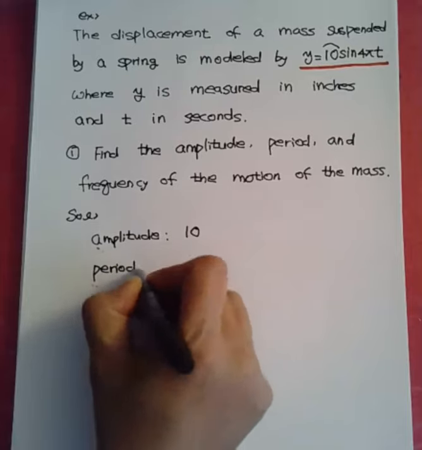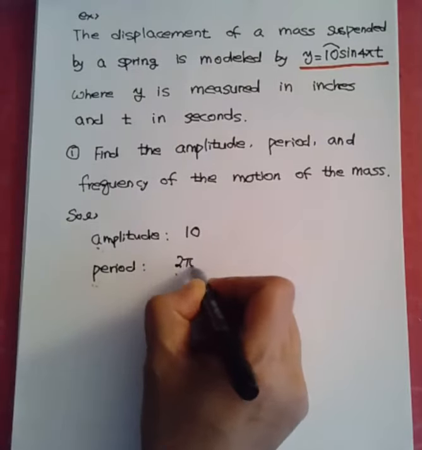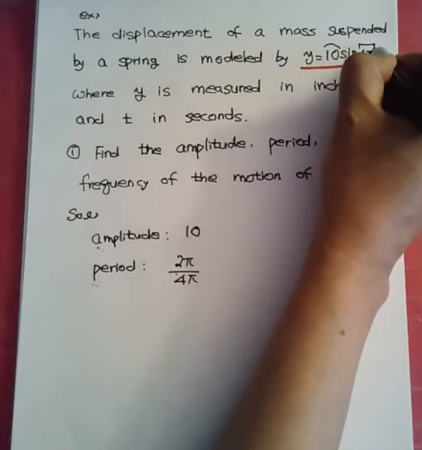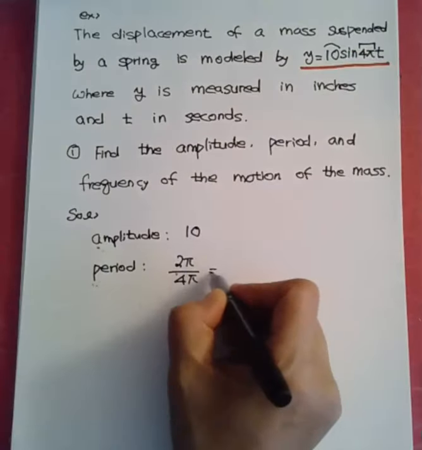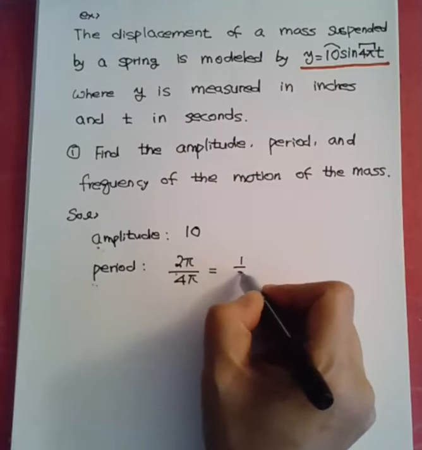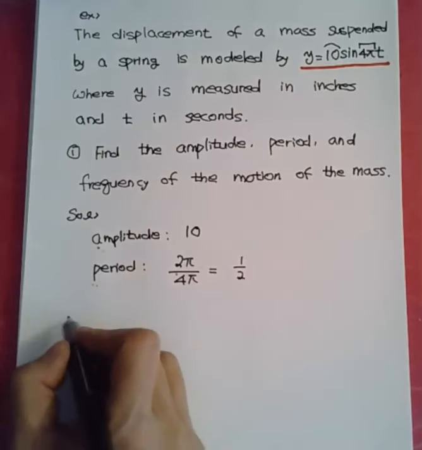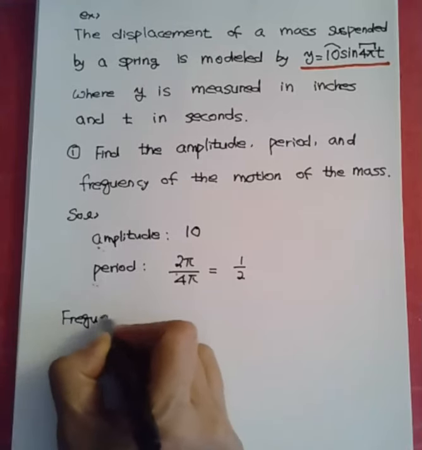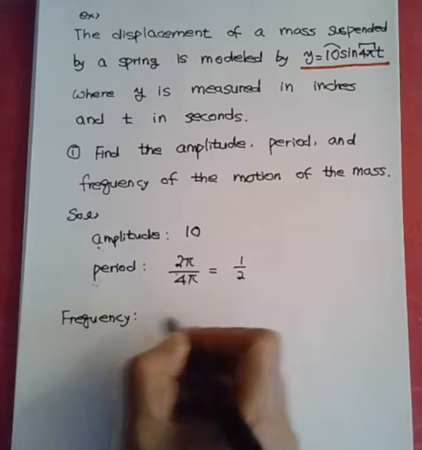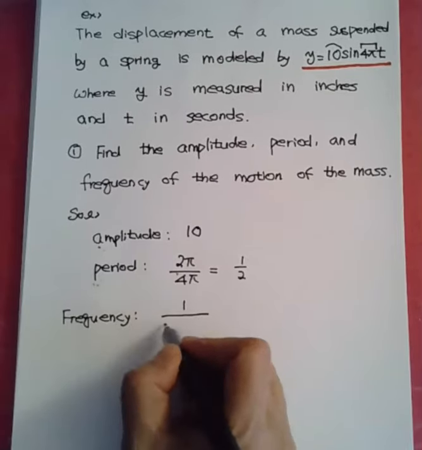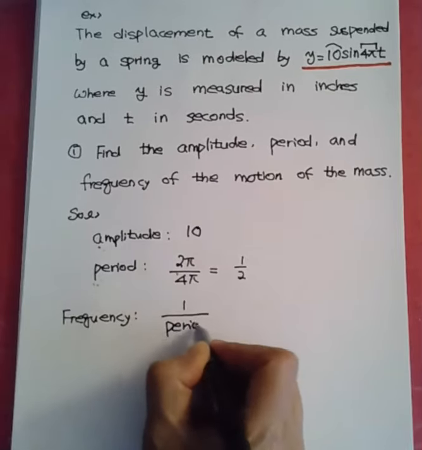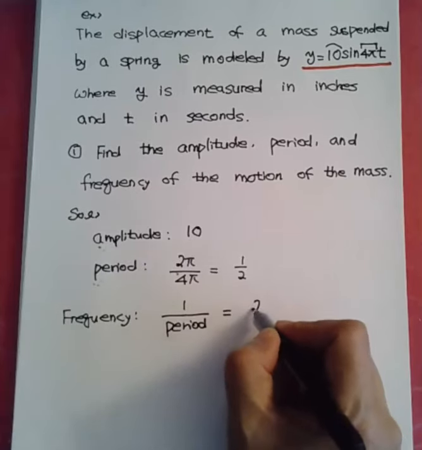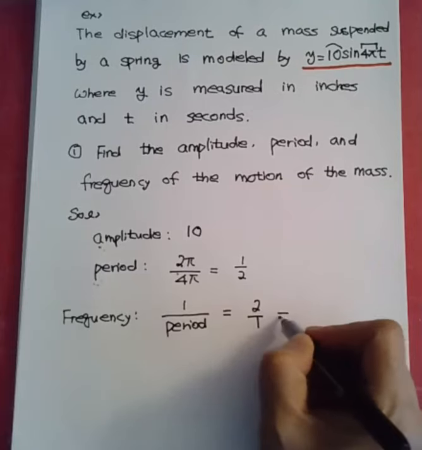Period by its formula is 2 pi over 4 pi. 4 pi came from here. So that is 1 over 2. Frequency is 1 over period. We already calculated the period and we have to flip it, then that is 2.